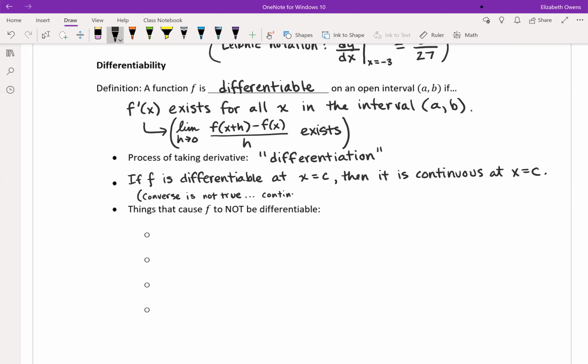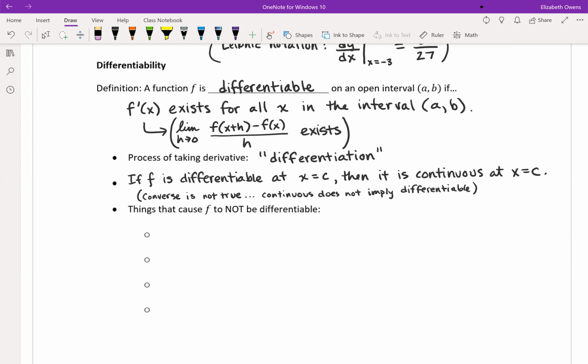Continuous does not imply differentiable. And we'll actually see an example of that in this next point, when we look at some things that cause a function to not be differentiable.